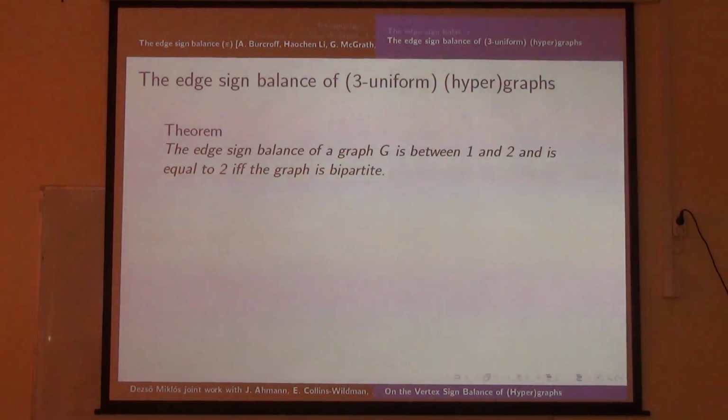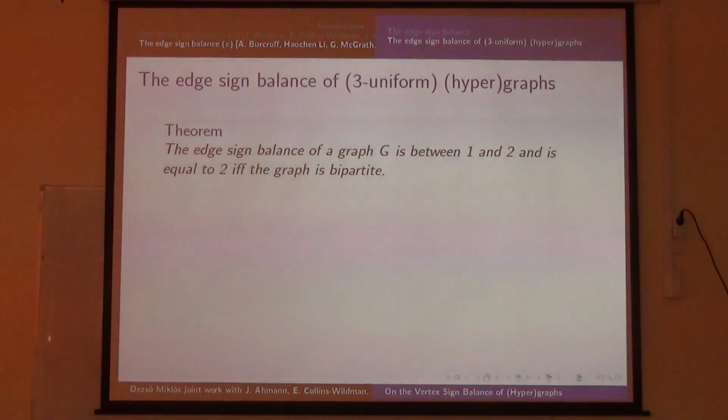That could be an easy homework problem for a first combinatorics course, to prove that for a graph it is between 1 and 2, it cannot be 0. Actually, it's true that for a uniform hypergraph, the edge sign balance is at least 1. So for a graph, which is a 2-uniform hypergraph, it's at least 1. If you want to find a counterexample, you have to include edges of different sizes.